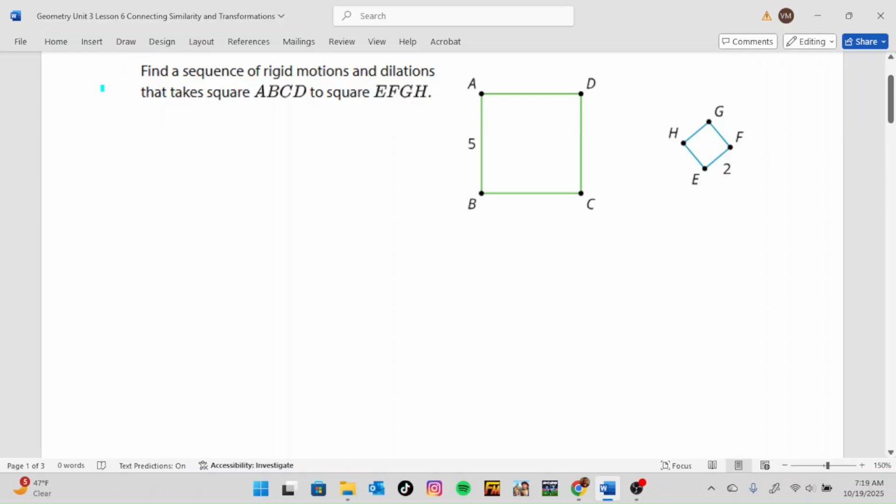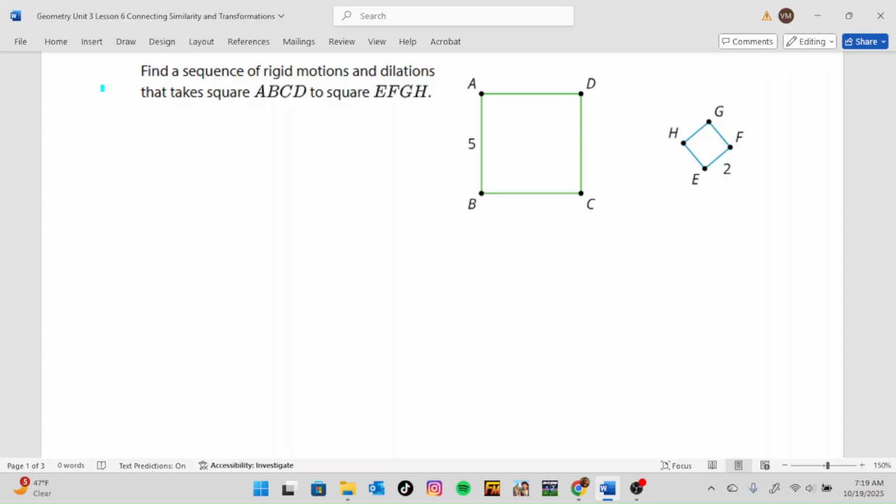Practice problem number 1. Find a sequence of rigid motions and dilations that takes square ABCD to square EFGH. So remember that the letters are in order and that they should match each other in order.